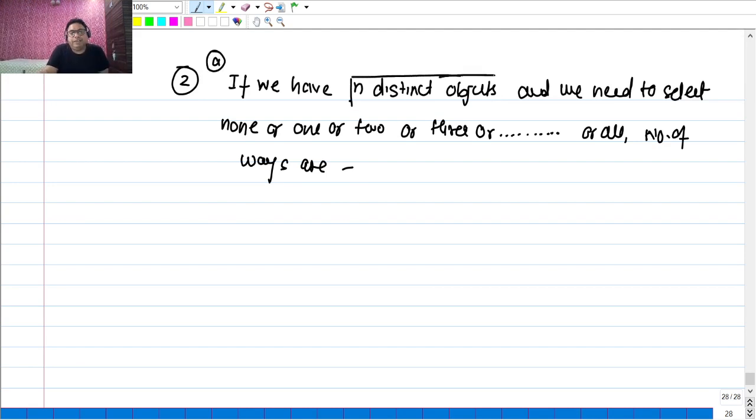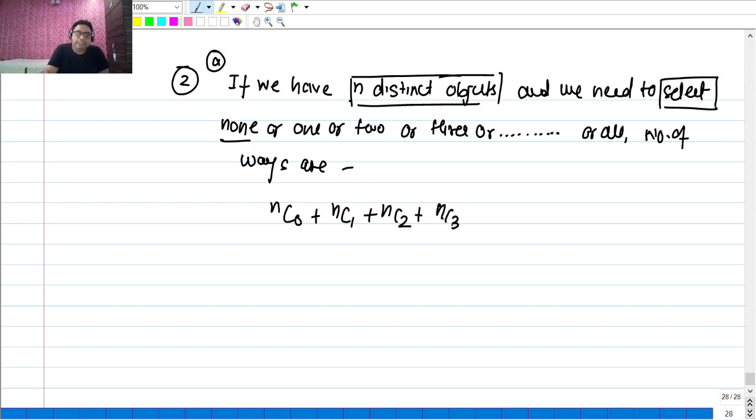Again, you have the keyword n distinct objects and you have to select. We have binomial coefficients, none or 1 or 2 or 3, so it is nC0 plus nC1 plus nC2 plus nC3 plus up to nCn, and this comes out to be equal to 2 to the power n.